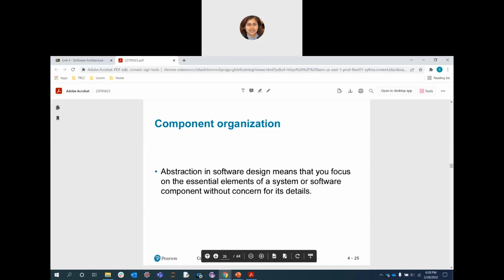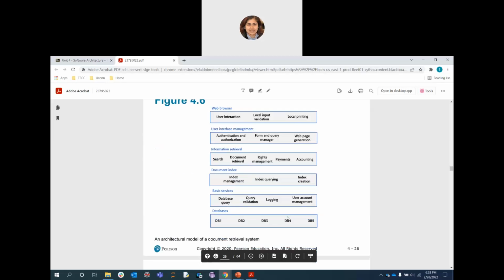And we just saw layered models are often used to illustrate how the system could be composed of different components. Let's look into this figure here for the document retrieval system.